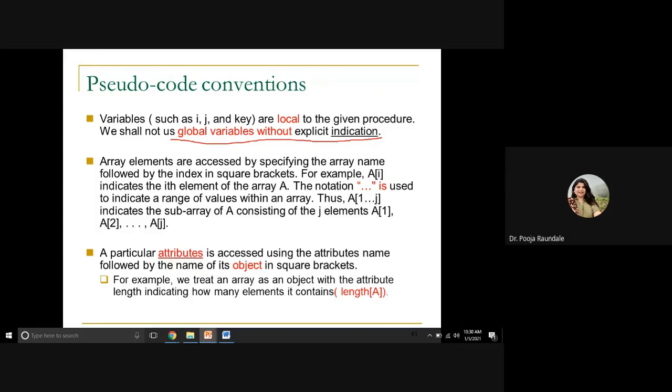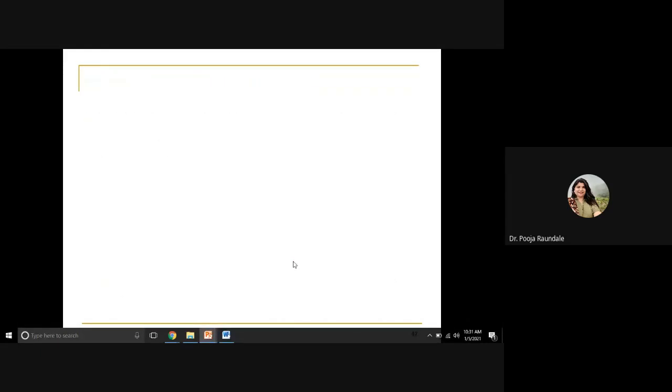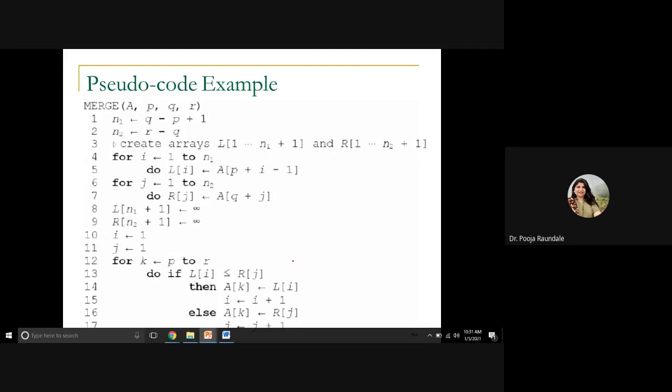A particular attribute is accessed using the attribute name followed by the object name in square brackets. So objects we can use with square brackets. You know these conventions, so we are going fast track. Your merge algorithm, or merge pseudocode, will look like this.